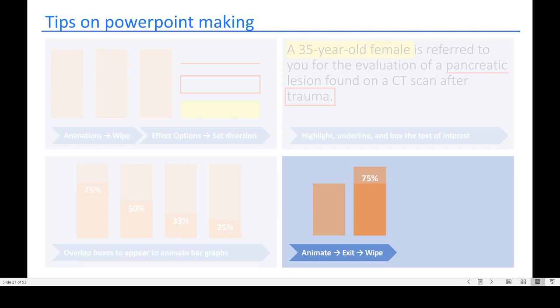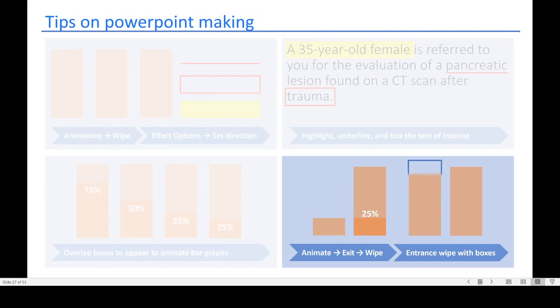And then by making each one of them disappear by exit wiping down, I can make it look like the bar graph is shrinking. And another creative way you can create the same effect is if you make boxes of the same color as the background appear. So if you wipe down the same color box as the background, you can create an illusion that the bar graph is disappearing.